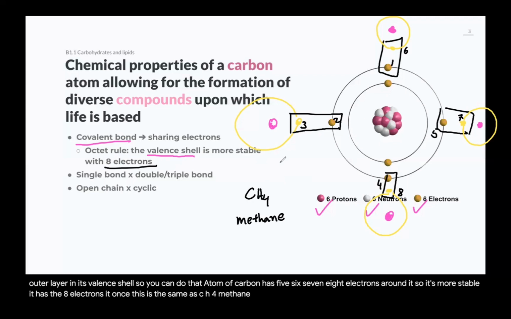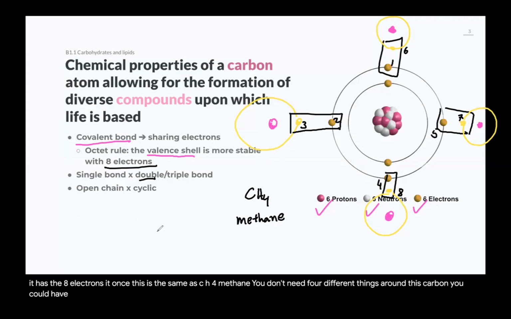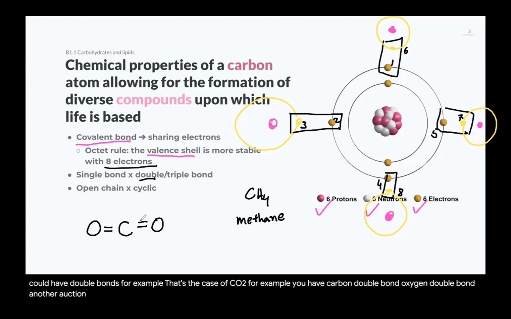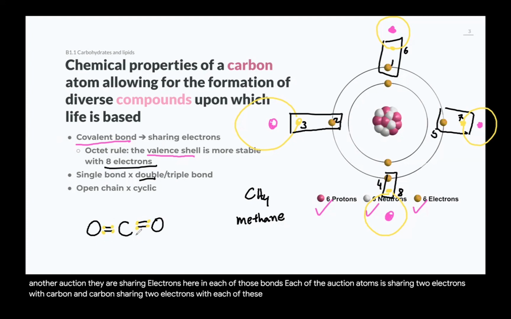And the thing is, you don't need 4 different things around this carbon. You could have double bonds, for example. That's the case of CO2. You have carbon, double bond, oxygen, double bond, another oxygen. They are sharing electrons here in each of those bonds. So each of the oxygen atoms is sharing 2 electrons with carbon, and carbon is sharing 2 electrons with each of these oxygen atoms.